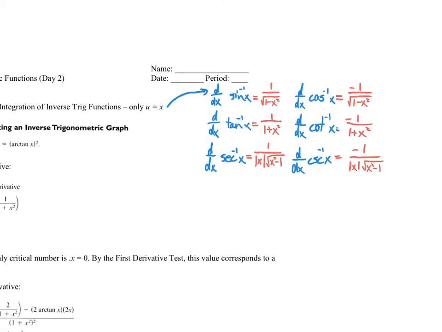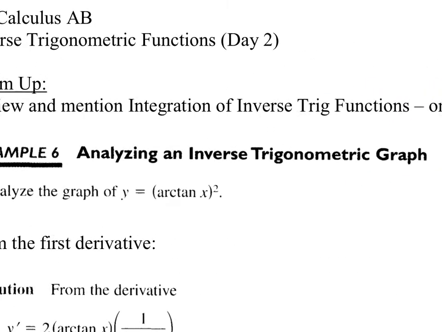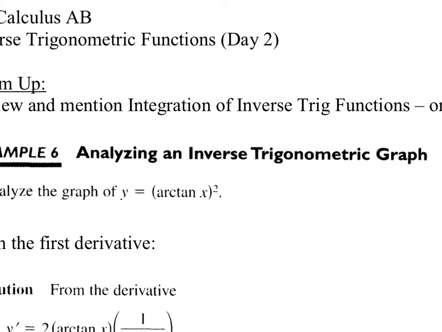Alright, so here we're going to analyze an inverse trig graph. We want to look at where critical values are and where any points of inflection are. First of all, we have arctangent of x, quantity squared. To get the first derivative, I know it's down below, but think through how we would get that.